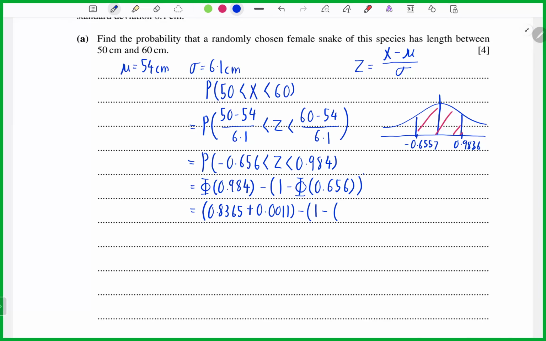Now I try to find the values for 0.656 here, 6, 5. So you can take 0.7422 plus 0.0019.